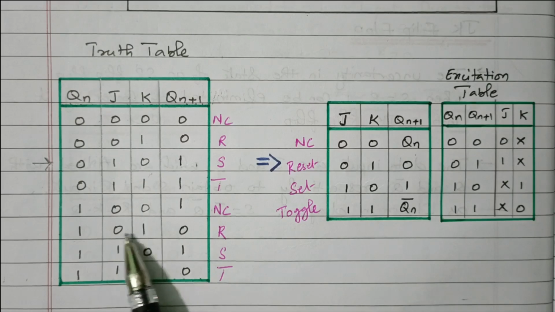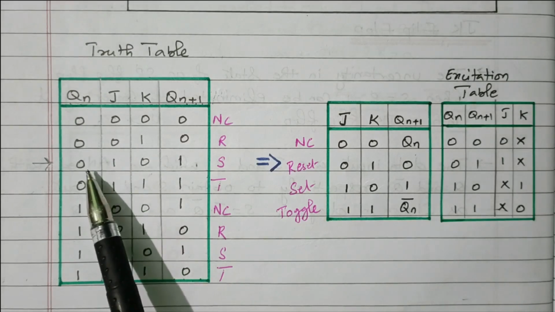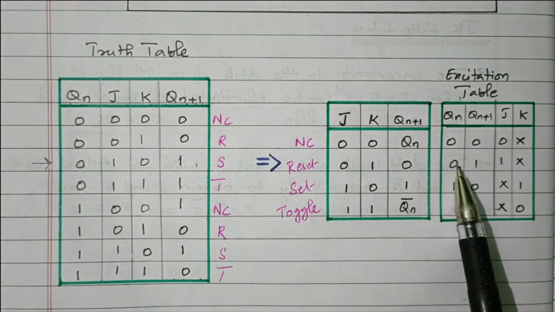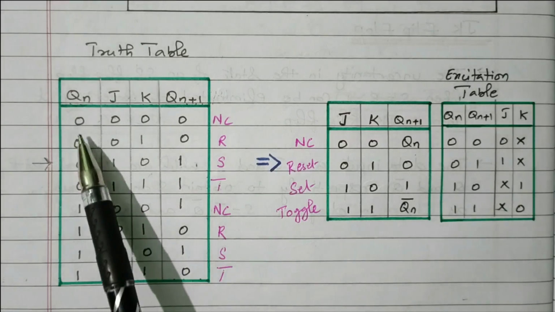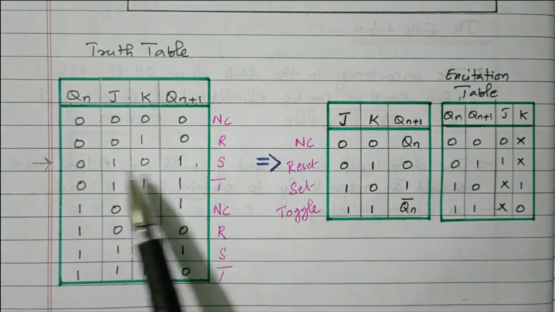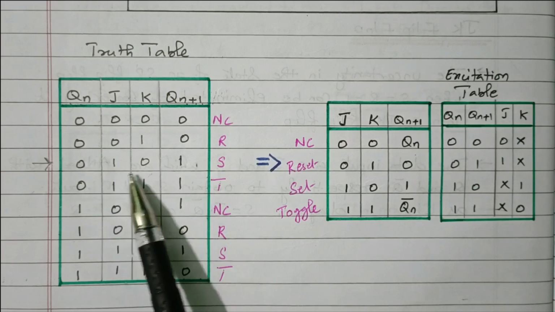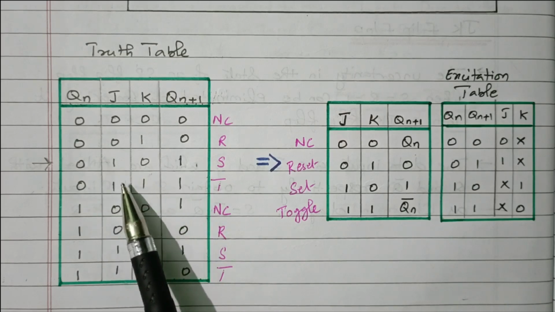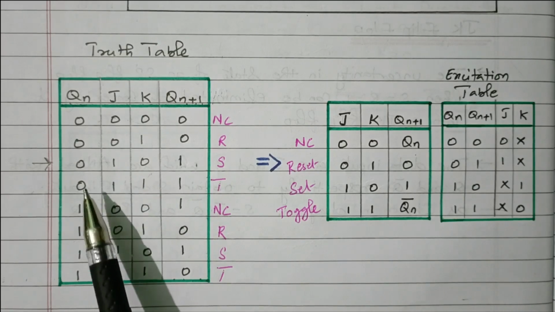So Qn is 0, Qn plus 1 is 1. We need to refer to 0, 1. So this is 0 to 1. Only this case. Any other case? Right, now it is clear.